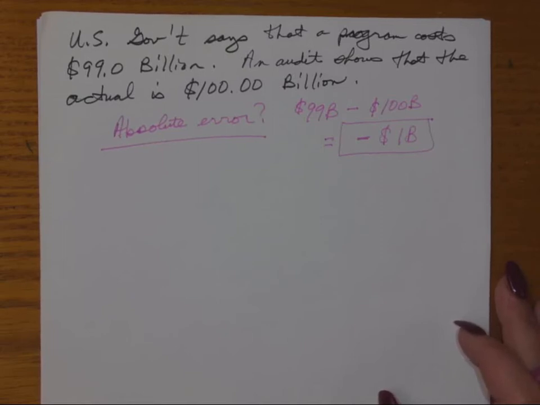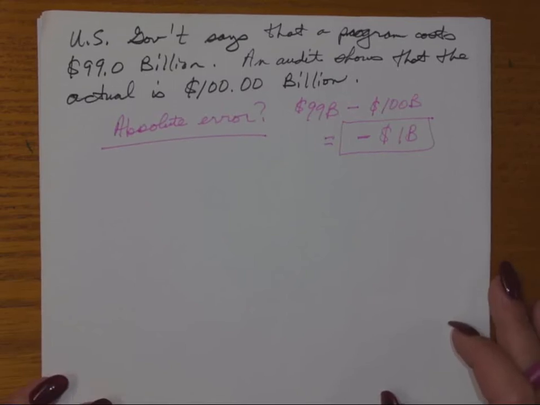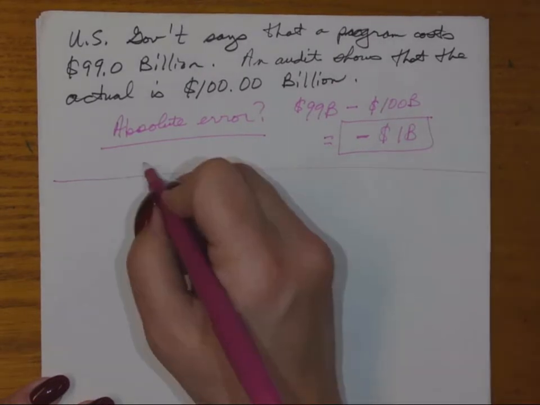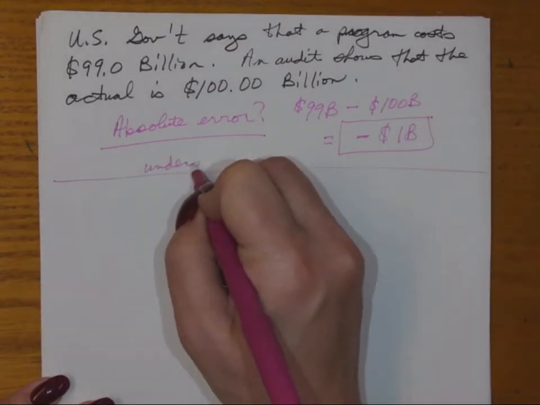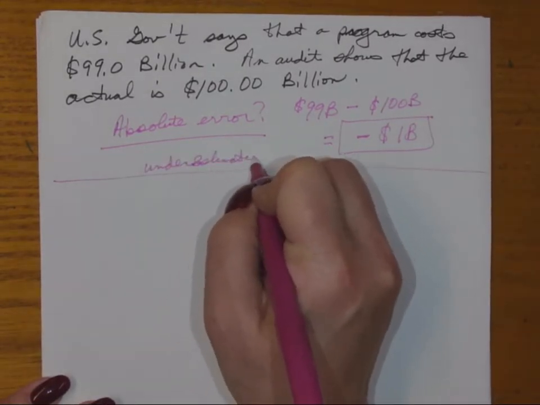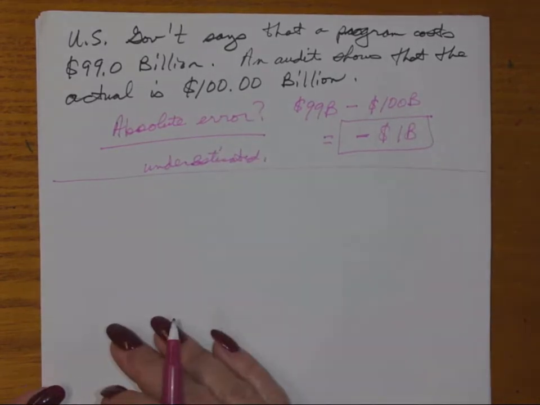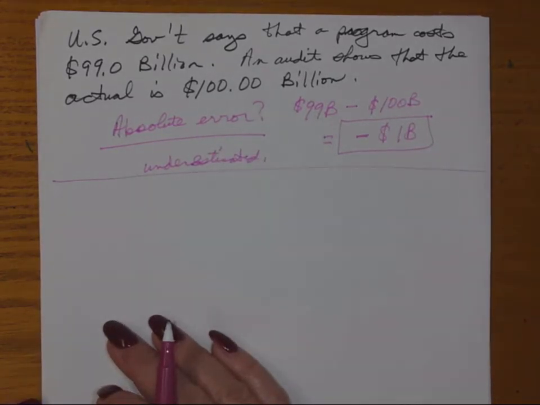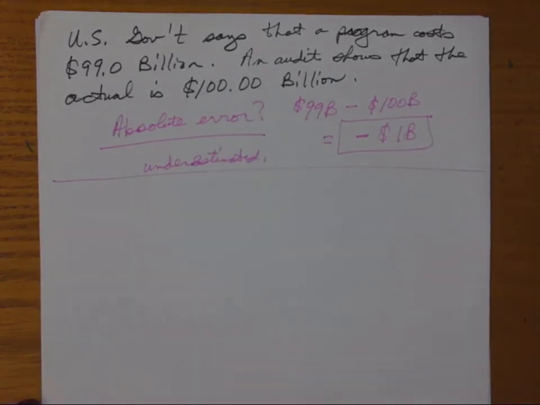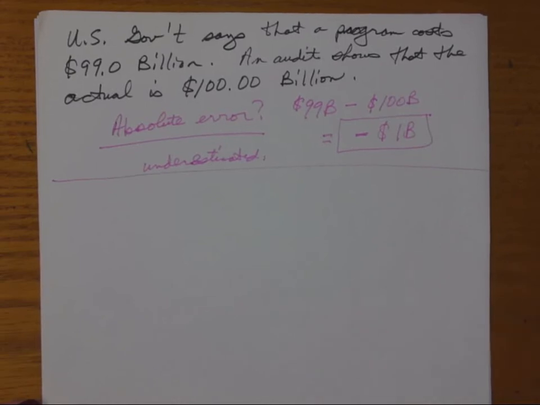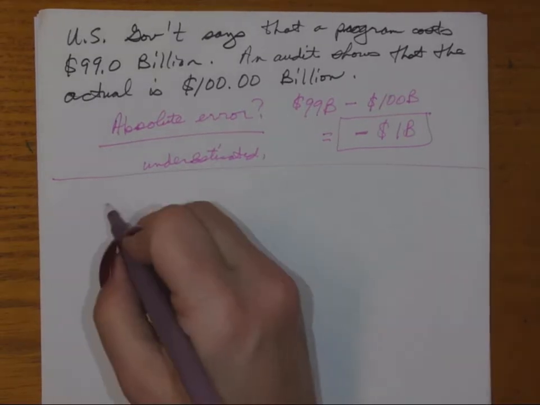So it's too low by 1 billion. They underestimated. All right. Well, what else? Well, then we might want to know, what is that relative to the true value? So how far are they off from what we thought it was going to be? So relative error.